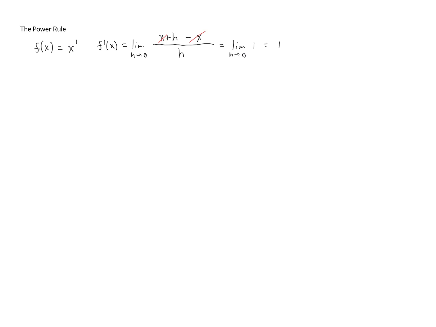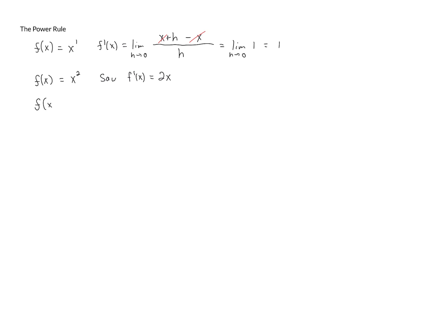All right, I want to talk about some higher powers of x, but there's a few we've already seen. If we look at f of x equals x squared, we have already differentiated this as an example. We saw that f prime of x, in this case, is 2x.